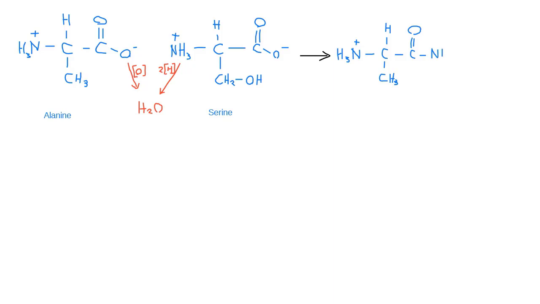And the nitrogen is only going to have 1 hydrogen left because it gave 2 away. And then I go to the other carbon, and it's going to have that H on top and CH2OH down here. And then I have the C double bond O, single bond O minus.